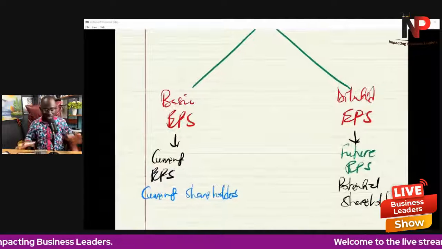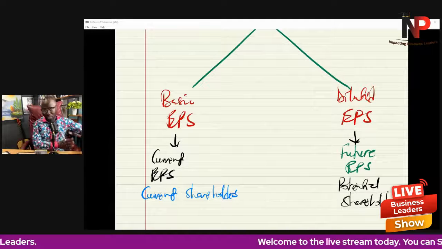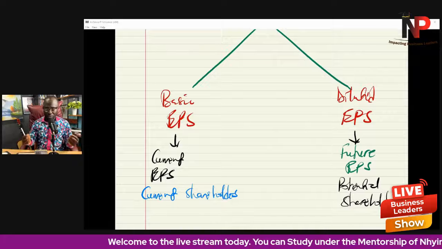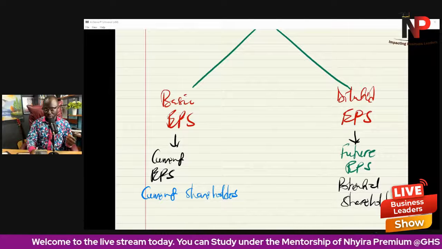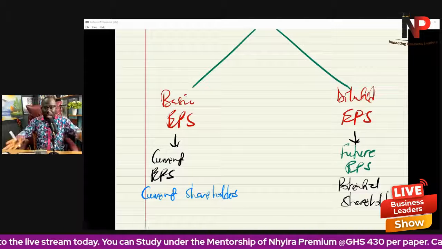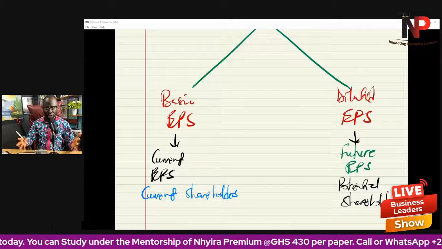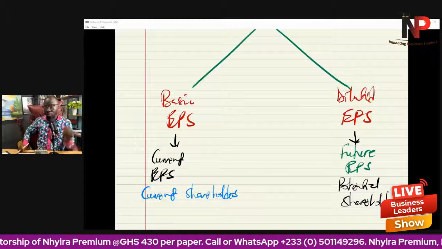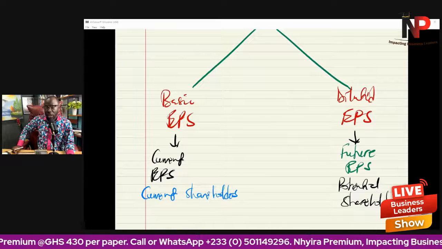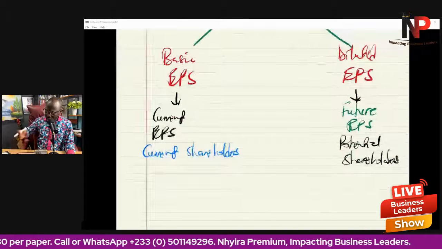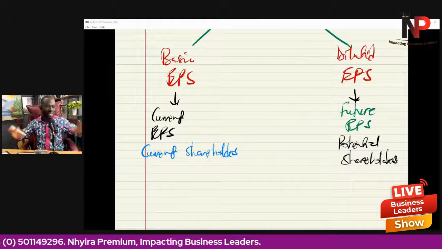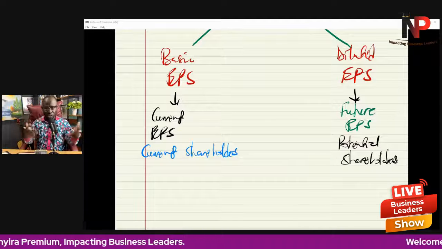So we're going to discuss this, like I said, in two folds: basic earnings per share, diluted earnings per share. In simple language, the basic earnings per share is the current earnings per share, for the current shareholders. How much will they earn should we share the profit attributable to the equity shareholders? But the diluted earnings per share is going to be the future earnings per share, taking into consideration all potential shareholders of the entity.